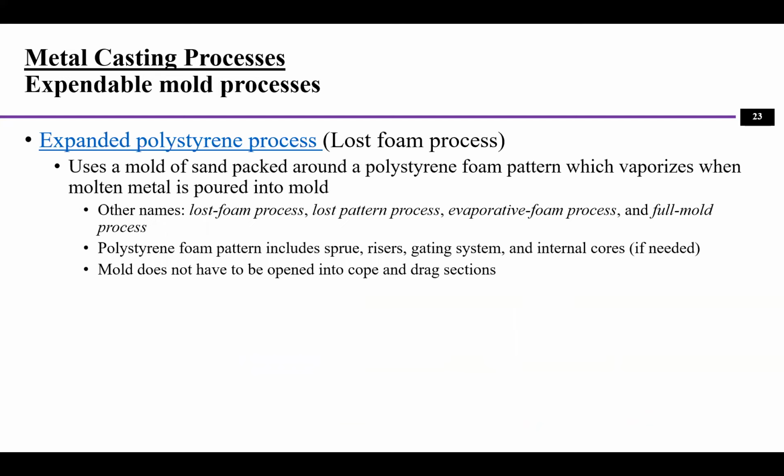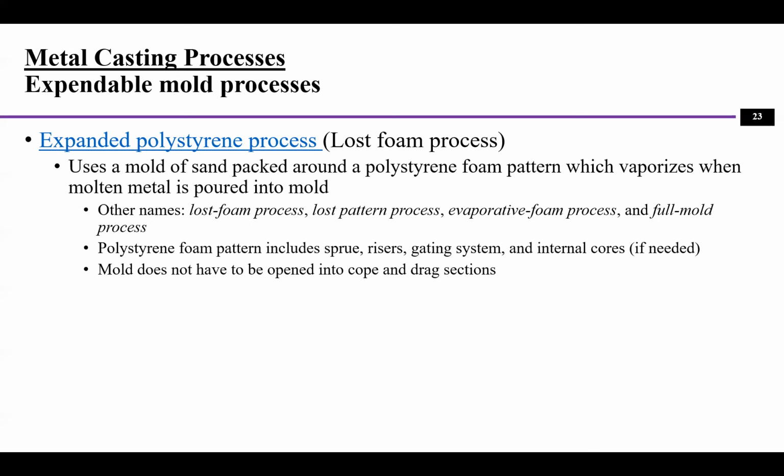And another process for casting is called the expanded polystyrene process. It's also called the lost foam process. So what happens is, for example, we use a foam to create a certain pattern, and then we can use some sand or some other material. For example, we can make the mold in soil, right? Soil can also work.